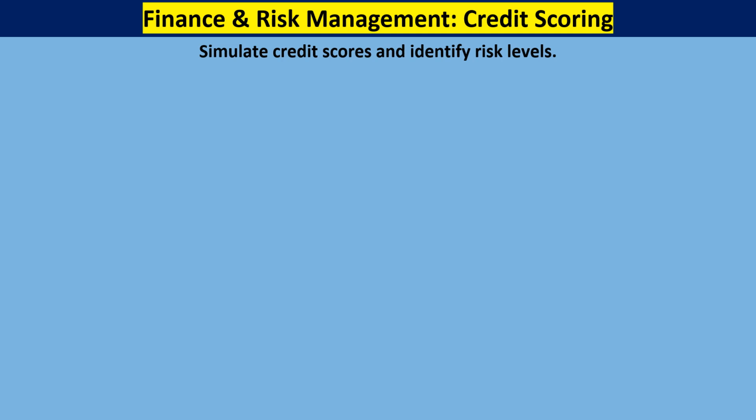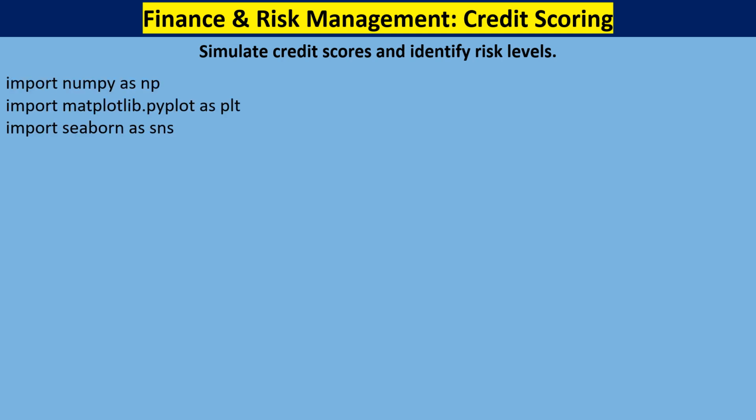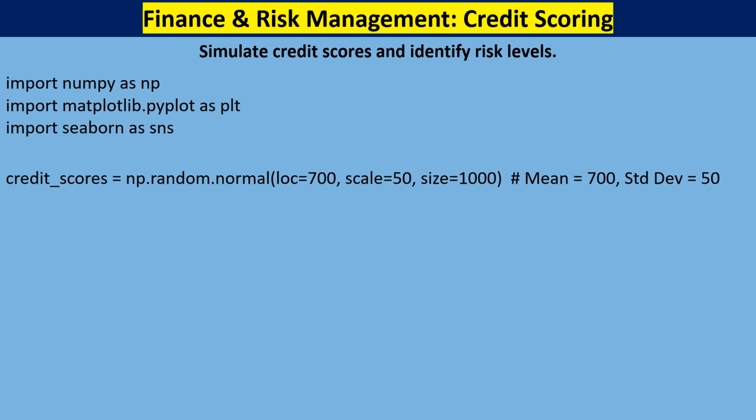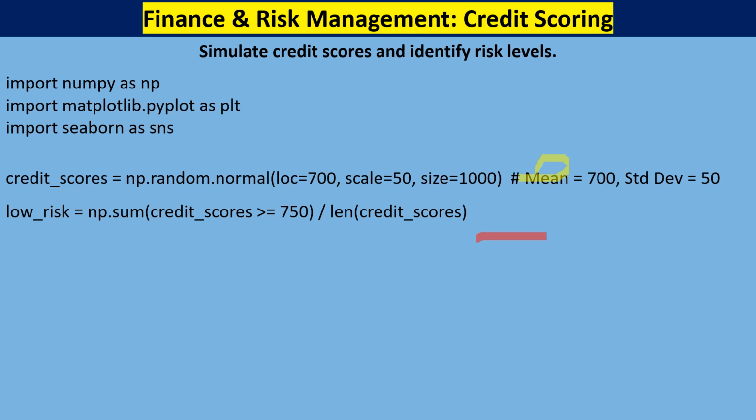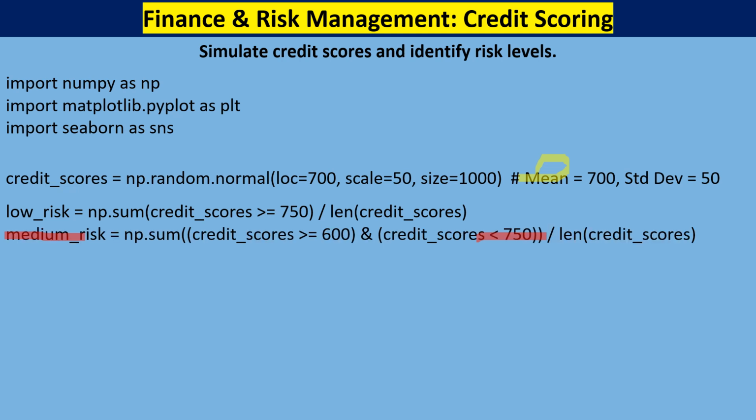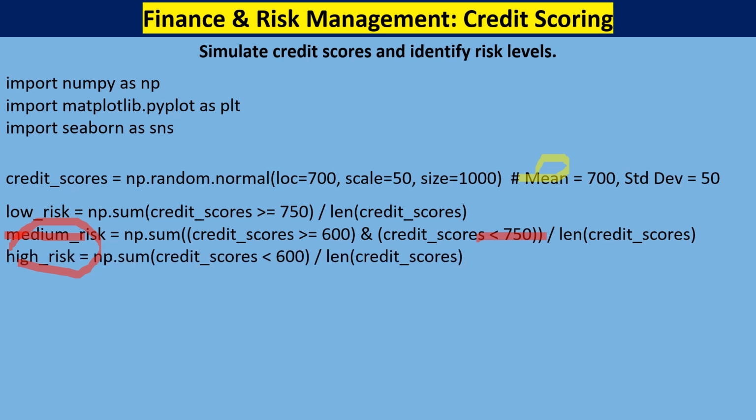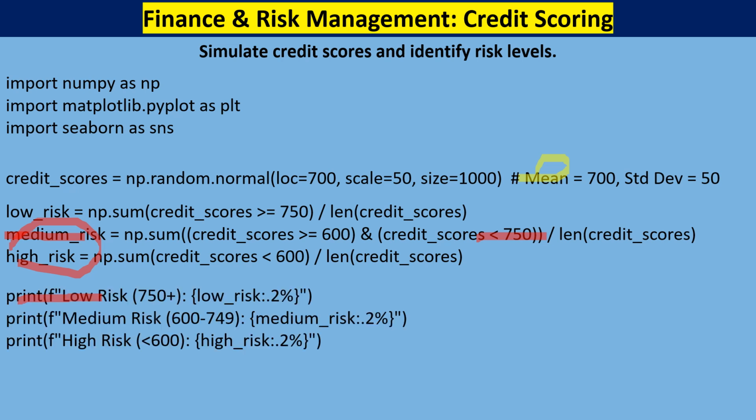So first we import the necessary libraries, then generate credit scores following a normal distribution around a mean, then classify the credit scores into categories: low risk, and then medium risk, and then high risk, and we print the category proportions for low risk, medium, and high risk.